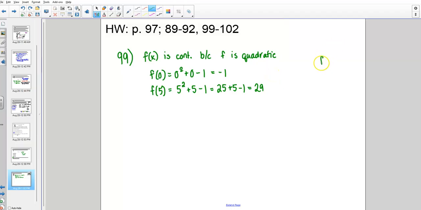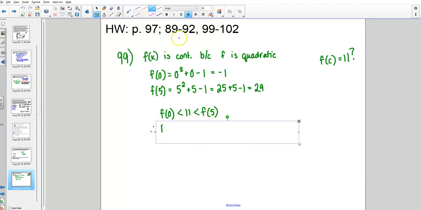The question is asking about f of c equals 11. 11 is between f of 0 and f of 5, so you would say f of 0 is less than 11, less than f of 5.